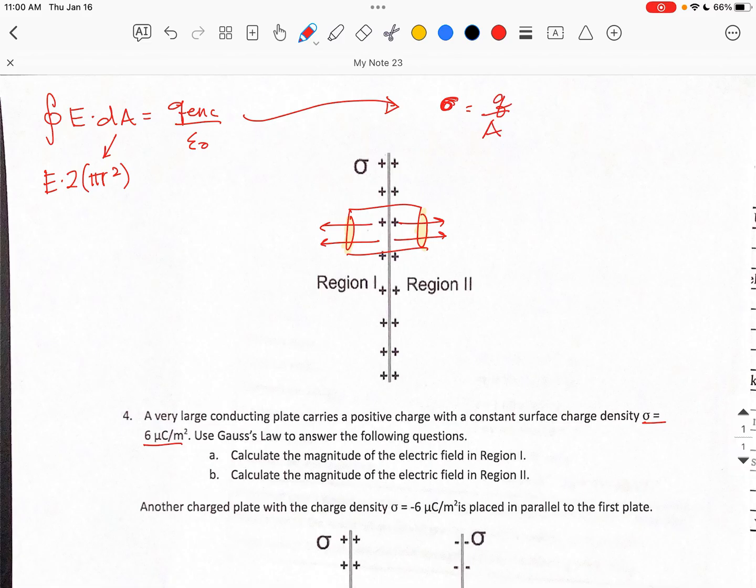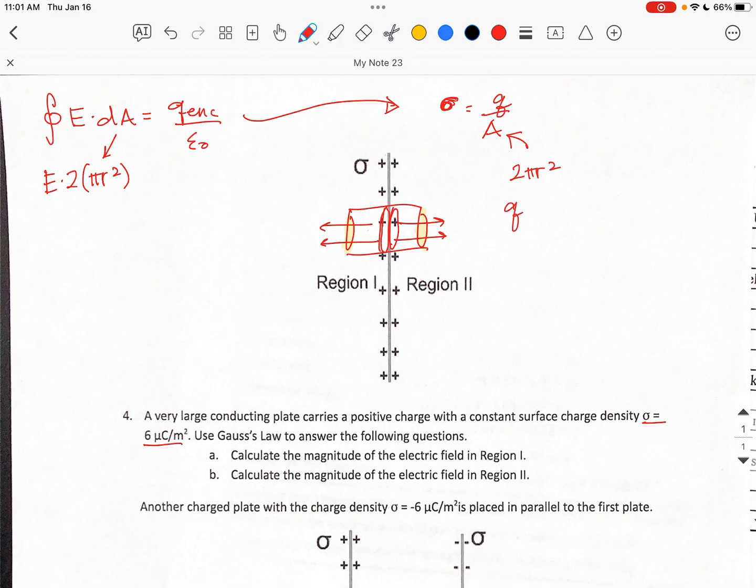When I am looking at the area that is enclosed for a conductor, I've got the circular surface area on one side and the circular surface area on the other side. Obviously drawing 3D is hard, but I need to include both of those. So the area is also 2 pi r squared.